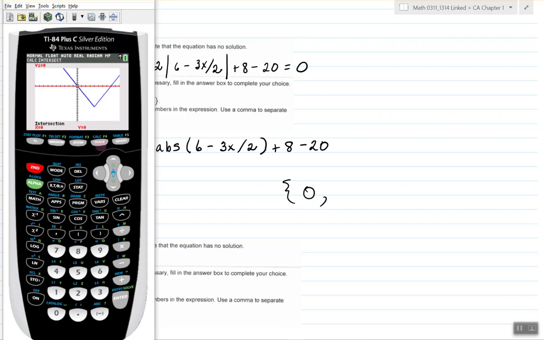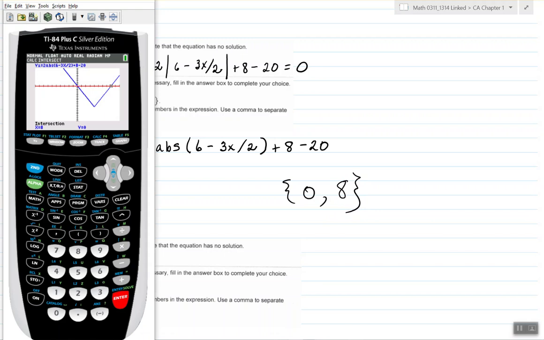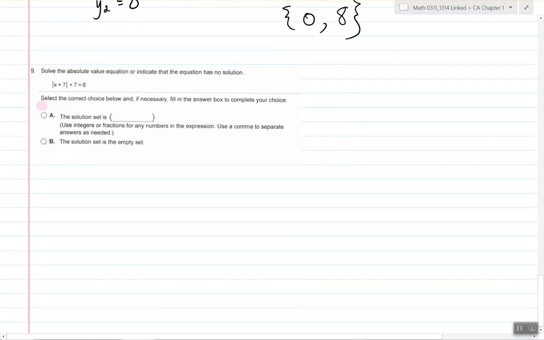Second, calc, number 5. And I'm going to do the toggle, switch it over to the red graph. Enter, enter, enter. And that is 8. So I had 2 x-intercepts. I get 2 solutions.